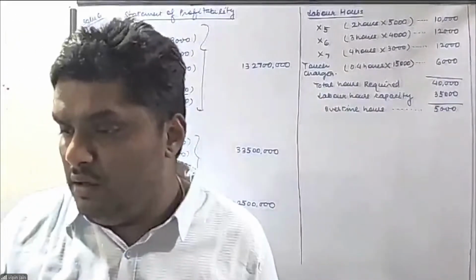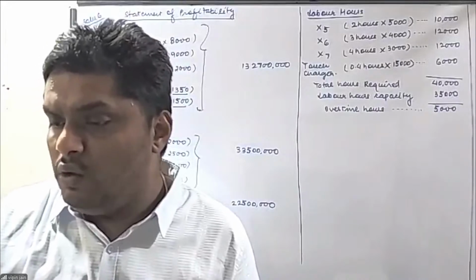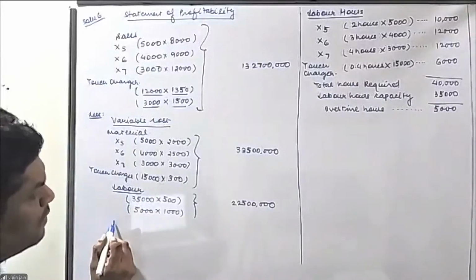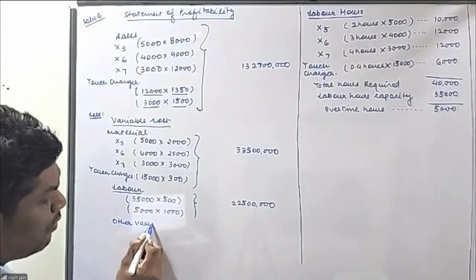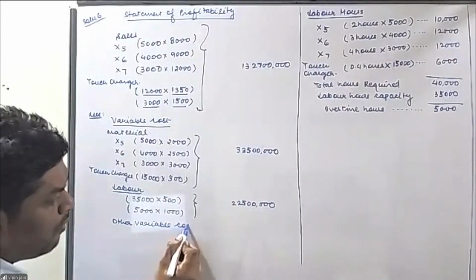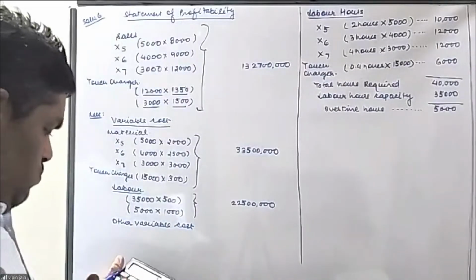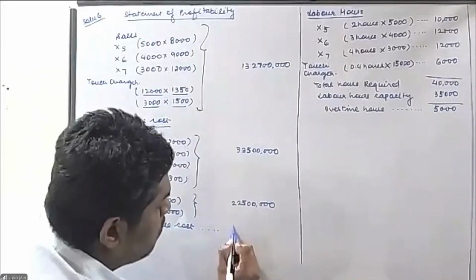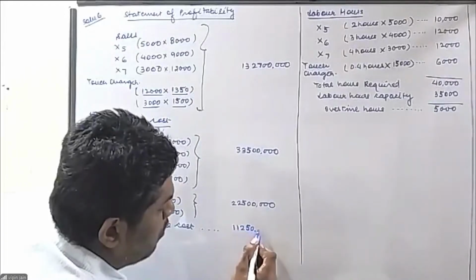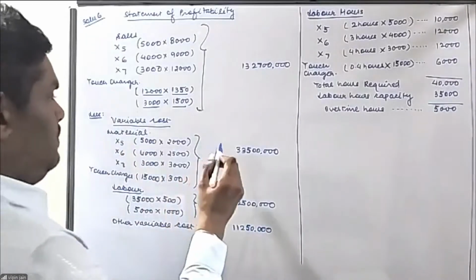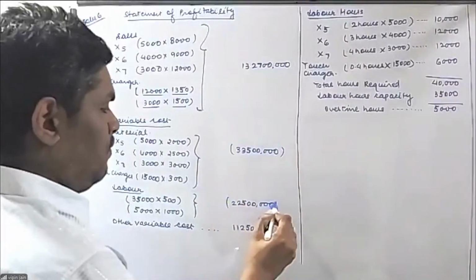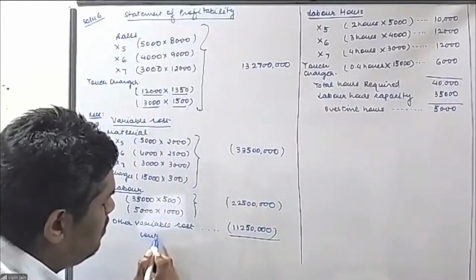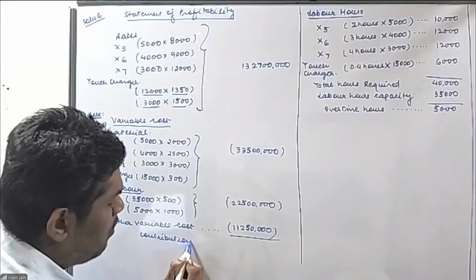Further, it is given in the question that other variable costs work out to 50% of the direct labor cost. So this will be my contribution.